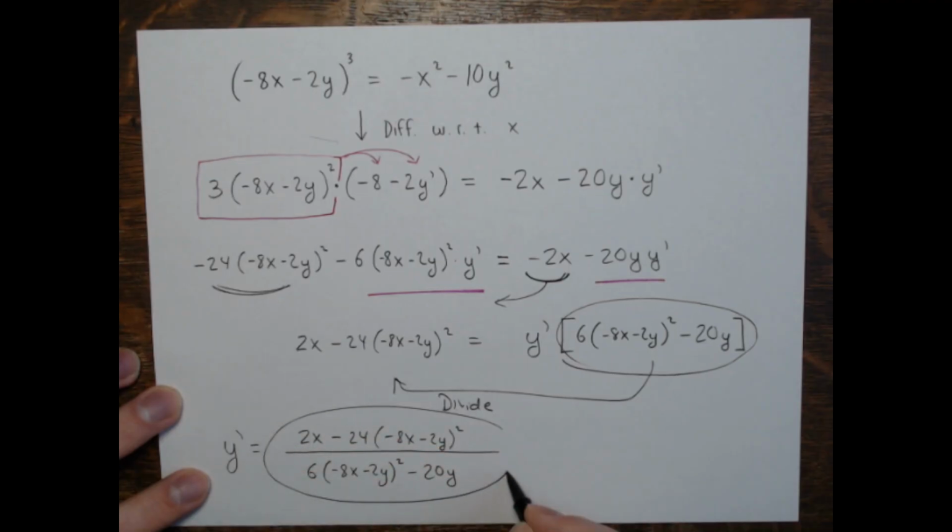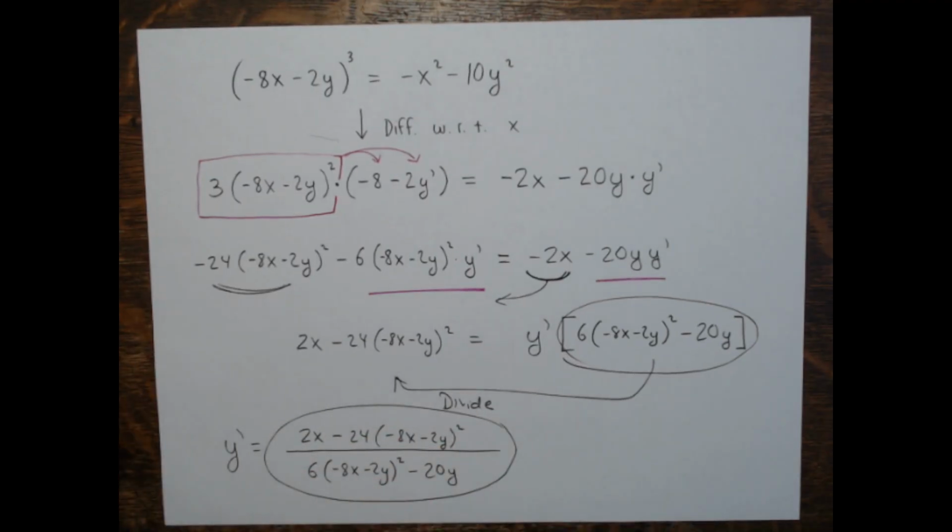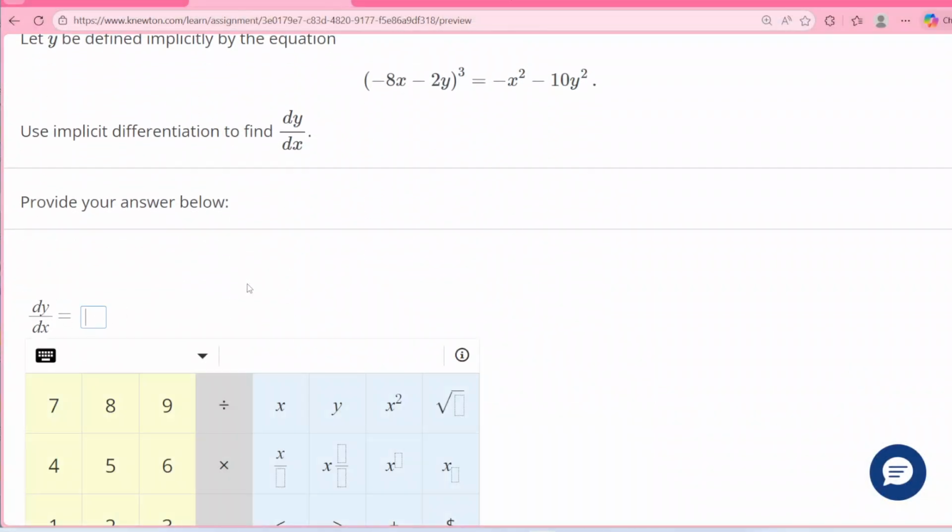So here's what I'm typing. Again, a lot of writing to do. And I didn't even show every little step, right? A lot of writing to do with these. So again, numerator, parentheses, 2x minus 24 times the quantity negative 8x minus 2y, squared.